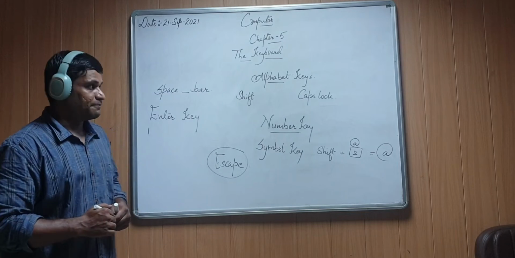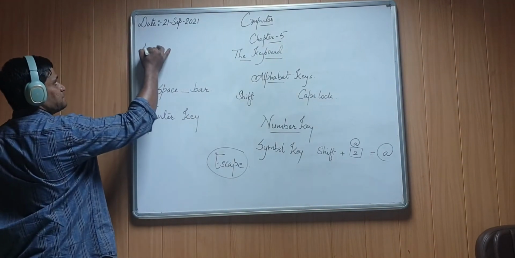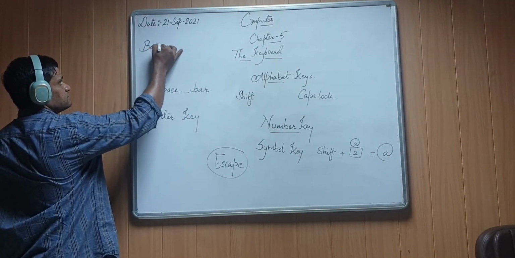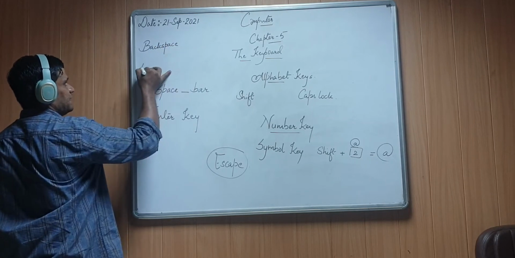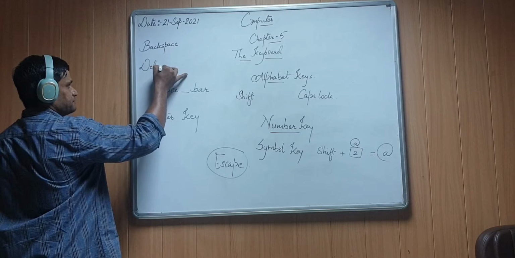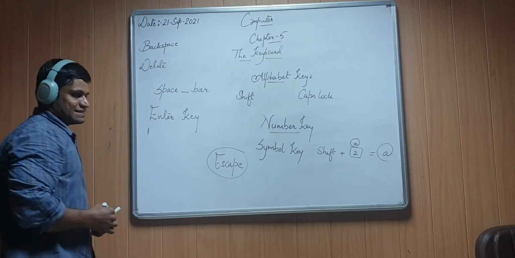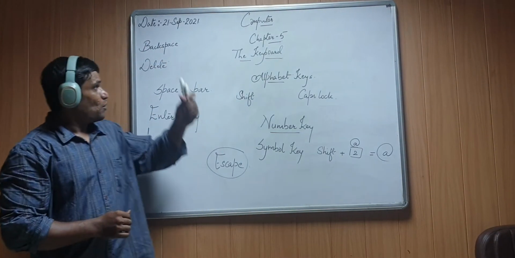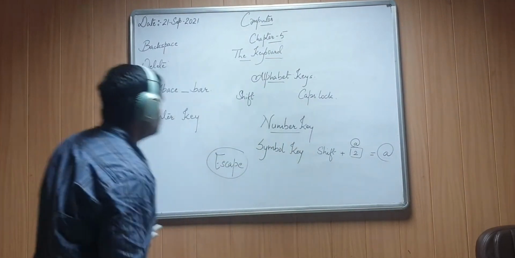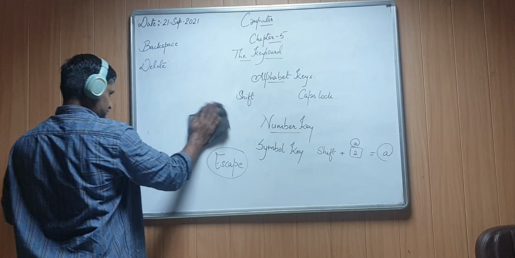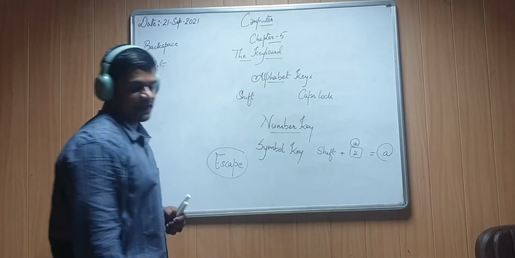Then after the escape key, we have backspace key and delete key. As in the class, I had told you, both the keys are used to delete or erase the letter or the character.